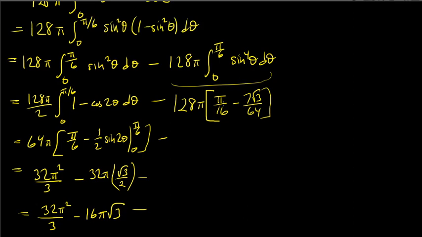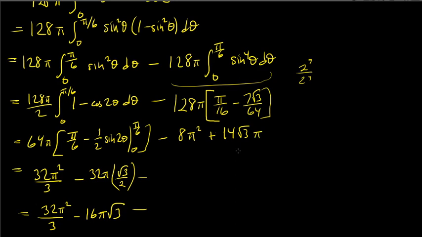Okay, so let's see, 128, it's 2 to the 7 over 2 to the 4, so 2 to the 3 is 8, so this is 8 pi squared, and then minus a negative will be a plus. 128 over 64, I think, is 2, so you're going to get a 14 square root of 3 here. Oh, times pi.